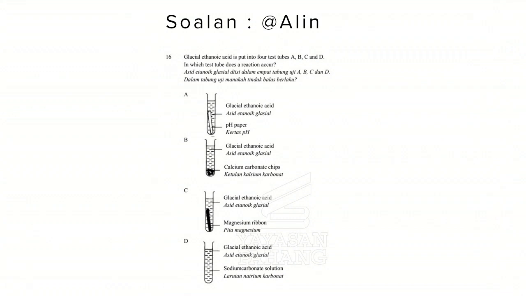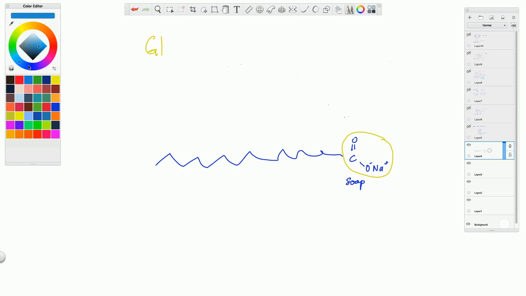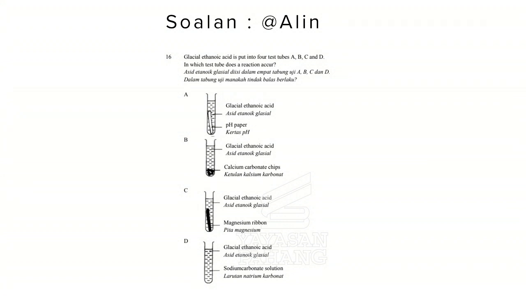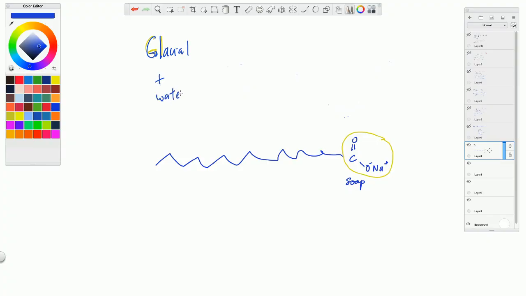Okay, so when you see this question, this is a question from Ellen. The most important part of this question is glacial. Glacial means no water. Okay, the word glacial here means no water. So glacial ethanoic acid is put into 4 test tubes A, B, C, D. In which one will a reaction occur? So the only reaction will occur when that glacial ethanoic acid meets something that has water in it.